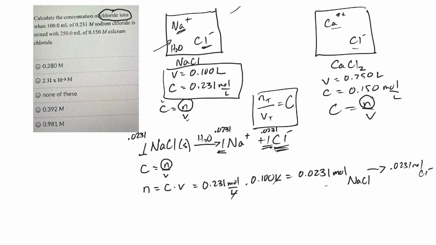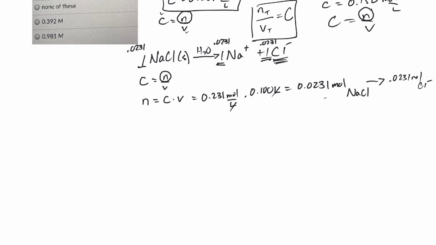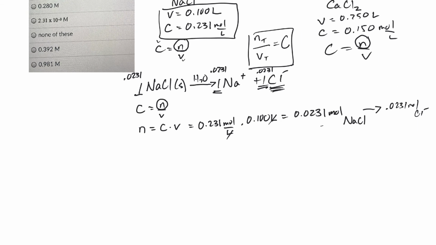But that's only in this first container, right? So now I've got to figure out how many moles I have in the second container. Let's change colors. Okay, so let's look at our calcium chloride. Calcium chloride is a solid.